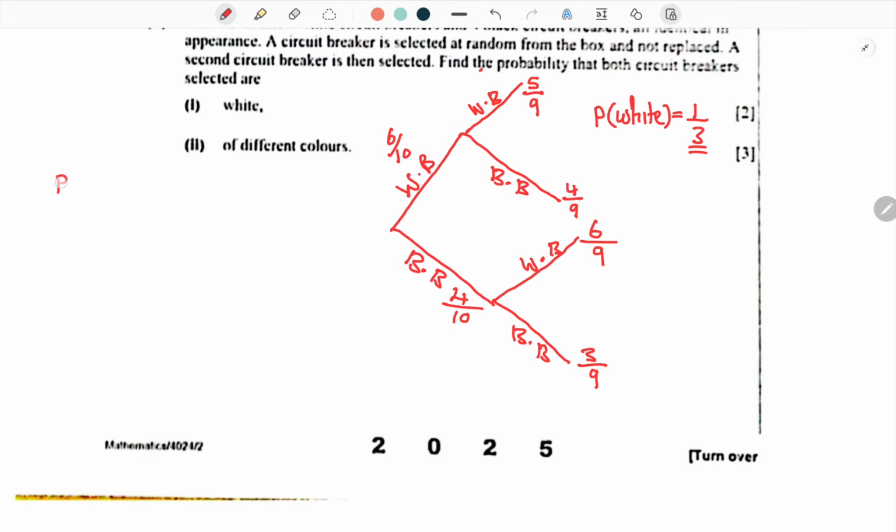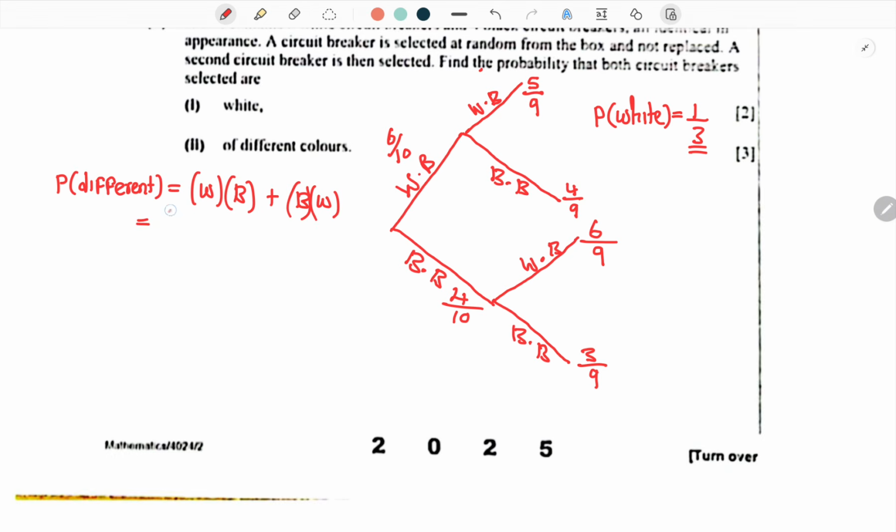So P of different color. Different color is going to be something like this. You are going to pick white, black, plus black, white.